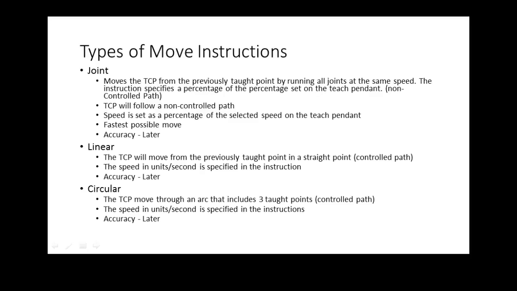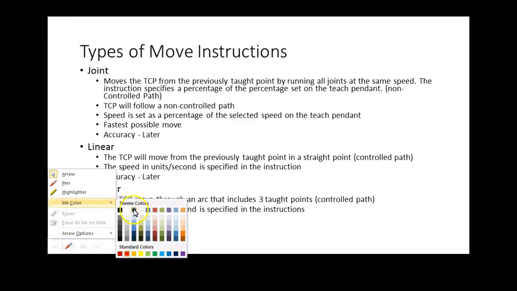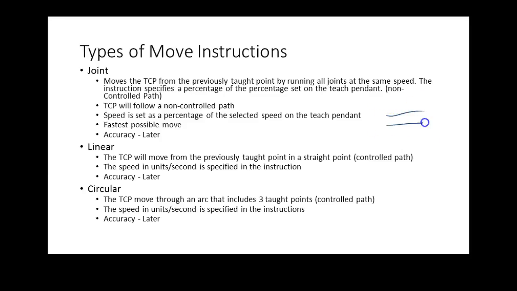Types of moves: joint moves, we've already talked about, linear moves, and then circular moves. So are y'all okay with these three? I think the ABB supports a spline move. Some robots support what we call weaves, which we use in welding. So normally when you do a weld, if you've got two metals that have a gap in between them, the way you actually weld them is you do what we call a weave.